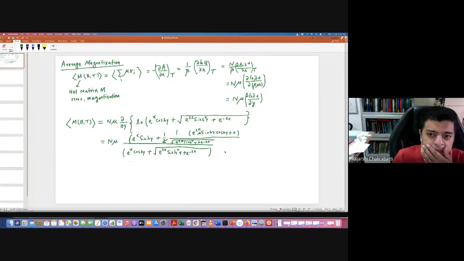Okay, so this is your lambda plus. If I take a derivative of that with respect to y, this ln of some function of y gives 1 over that function, and then one has to take the derivative of this function. Is this clear?